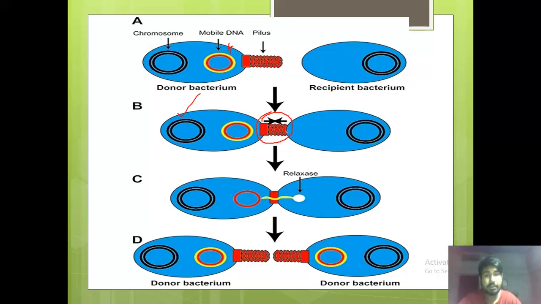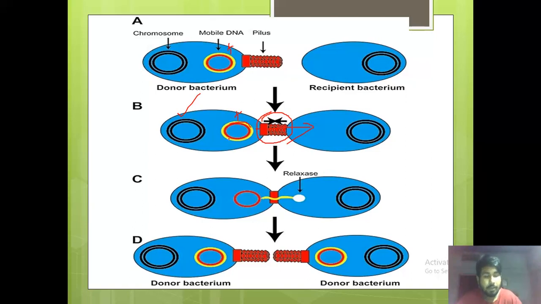This sex pilus is a means to connect the donor bacterium to the recipient bacterium. Through this pilus, the genetic material of the donor bacterium, that is the F factor, is transferred to the recipient bacterium for the process of recombination to occur.